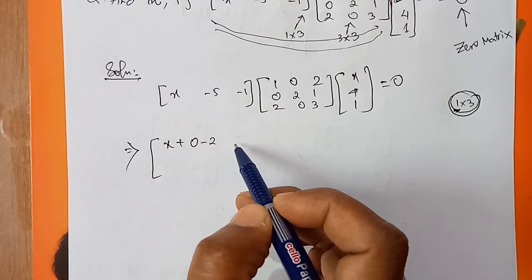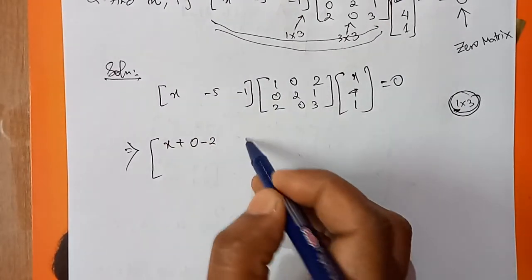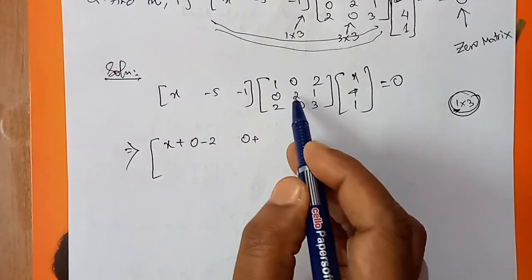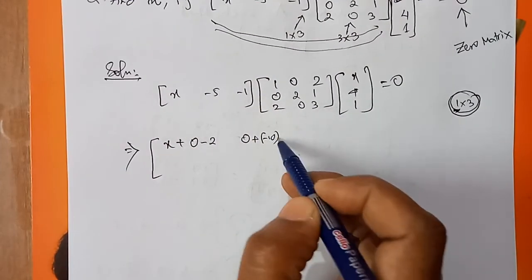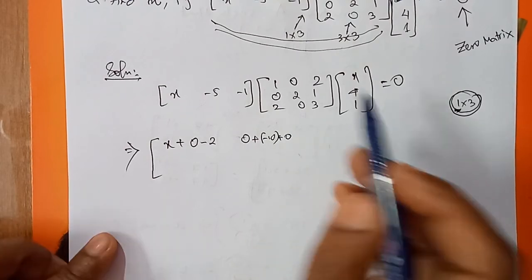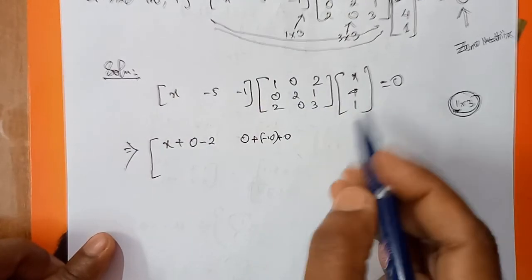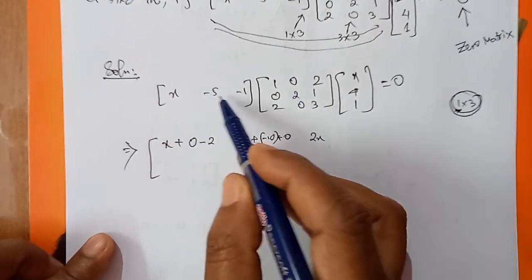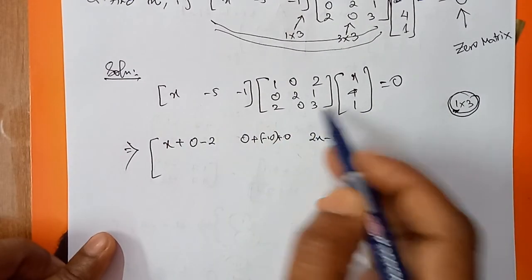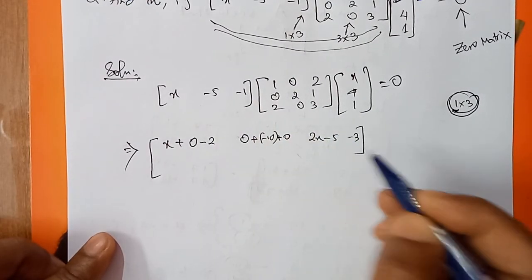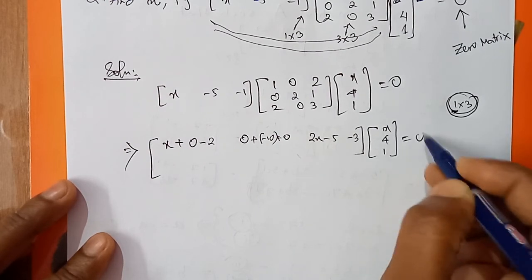Now first row and second column, element wise you have to multiply: x into 0, 0, plus minus 5 into minus 2, minus 10, then minus 1 into 0, 0. Then again first row and third column: x into 2, twice 6, then minus 5 into 1, minus 5, and minus 1 into 3, minus 3. Finished. And here x 4 1 is equal to 0.